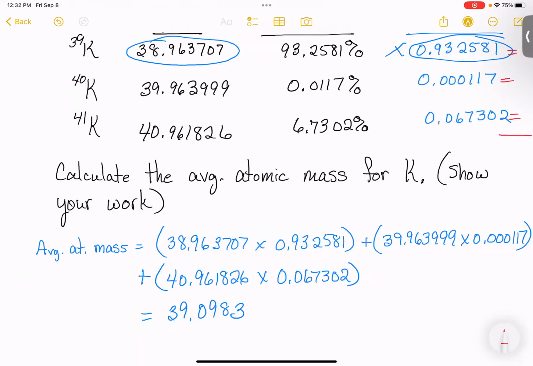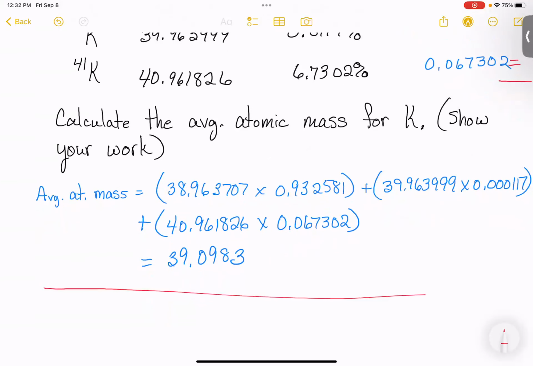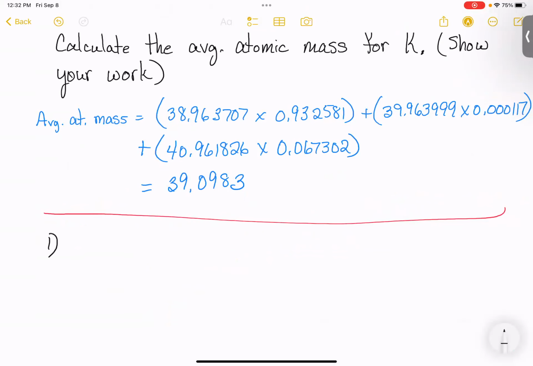So I just want to make a note before we move on about two different things. Number one is that on the active, I can't remember if all the problems I picked had an atomic mass and a percent abundance.